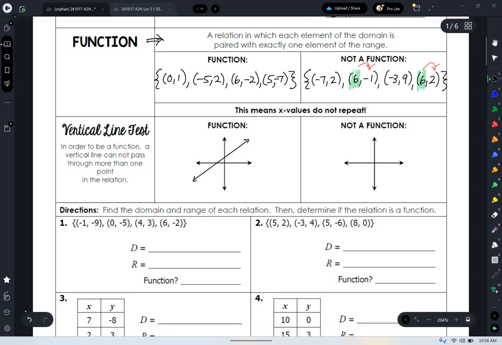And then in the vertical line test we would run a vertical line across our graph. So vertical would look like this. Okay, and if we could take that vertical line and move it across our graph, left and right, as long as that vertical line only hits the graph one time, we have ourselves a function. So for example, that vertical line hits the graph right there.